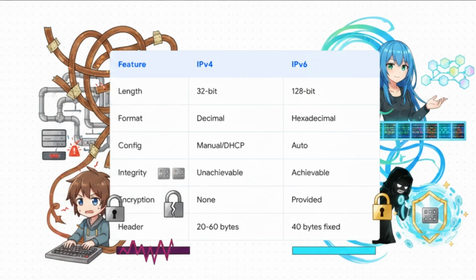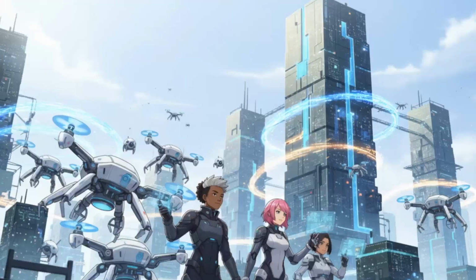And finally, the header, the metadata attached to your digital envelopes. IPv4 headers were kind of clunky, fluctuating between 20 and 60 bytes. IPv6 streamlines that into a highly efficient, fixed 40-byte header. It's just a vastly superior system. Now, with all these amazing features, especially the built-in security and vital support for multicast communication, you're probably wondering, why aren't we completely on IPv6 right now?